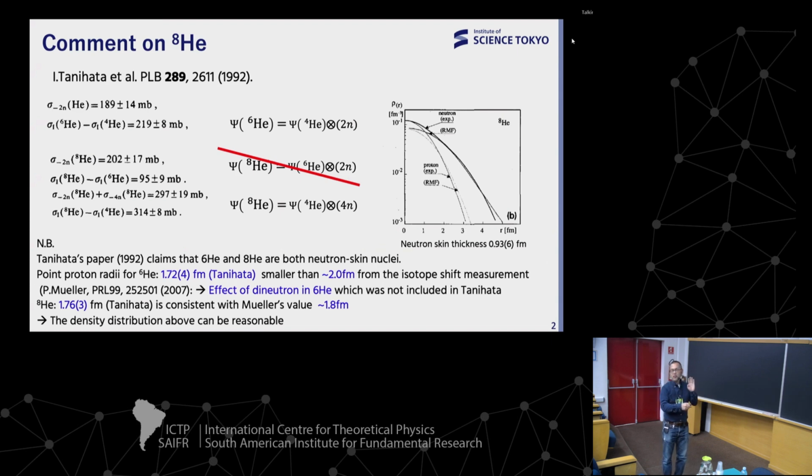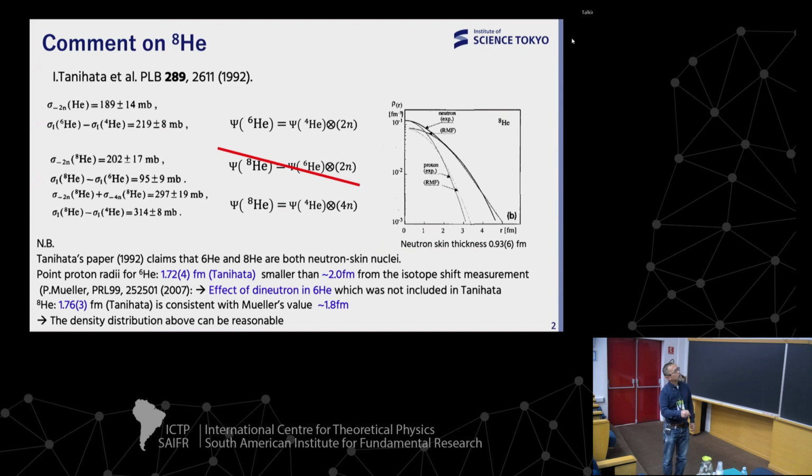The definition is still somewhat not definitive, but what they show here is the theoretical calculation of the density distribution for helium-8, the proton distribution and neutron distribution, also compared with experiment. Experiment here means that they use this kind of information to match these distributions.